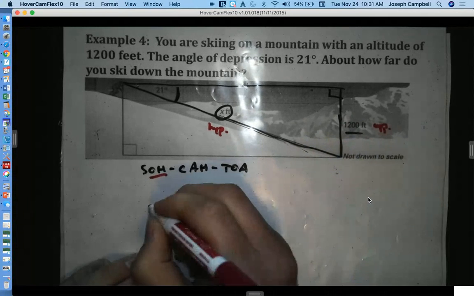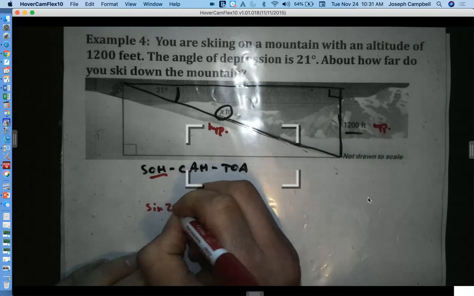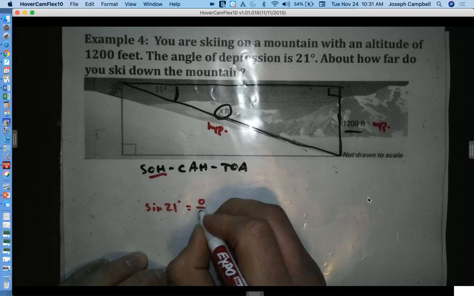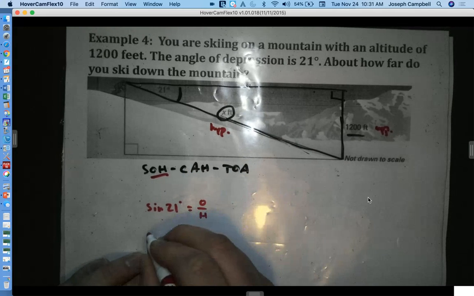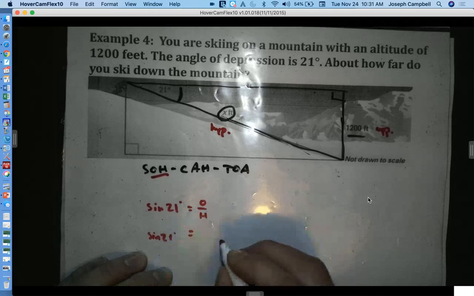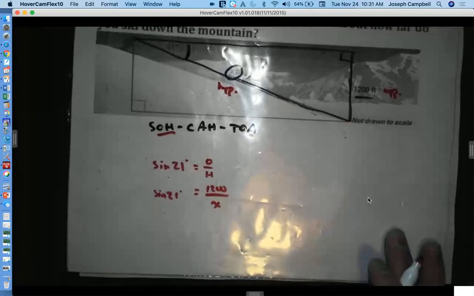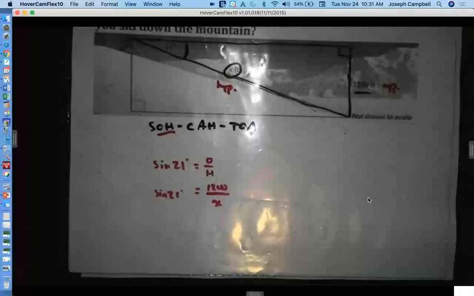So sine of 21 degrees is equal to opposite over hypotenuse. In this case, that's going to be 1200 over x. Try and work this out on your own. Pause it, try and work it out, and then compare with what we have.